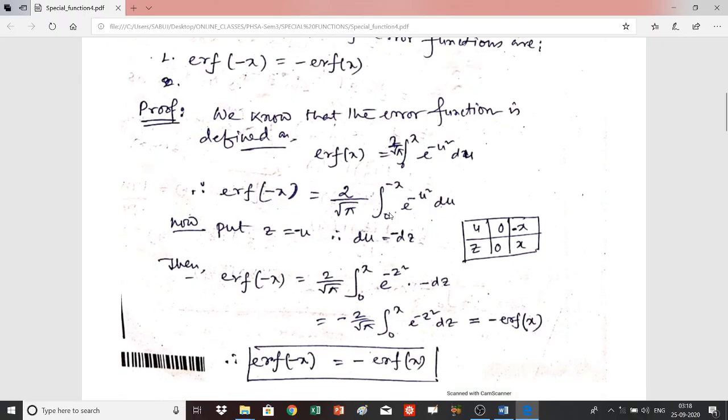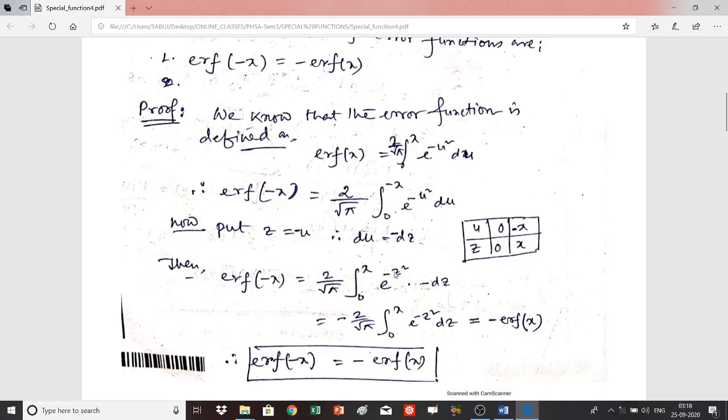Now to compute this integral, you substitute z equals minus u, and then du will give you minus dz. From this relation, the limits of integration are: when u is 0, z is also 0, and if u is minus x, then z will give you plus x.